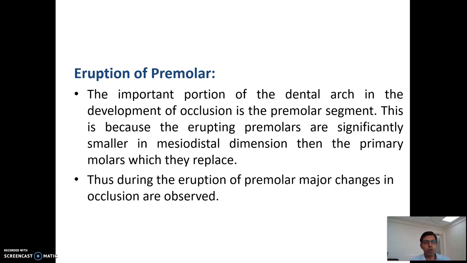Coming to eruption of premolars, the important portion of the dental arch in the development of occlusion is the premolar segment. This is because the erupting premolars are significantly smaller in mesiodistal dimension than the primary molars which they replace. Thus, during the eruption of premolars, major changes in occlusion are observed.